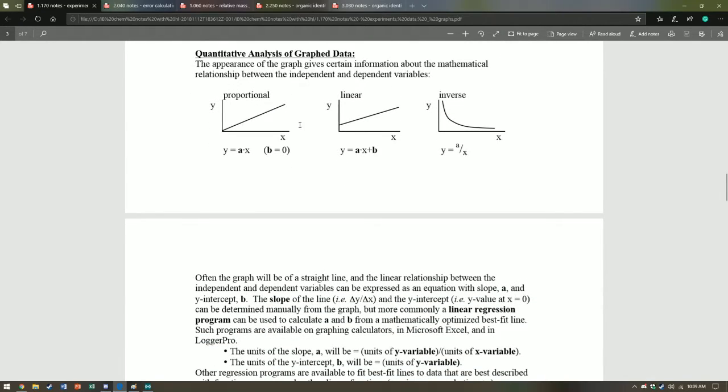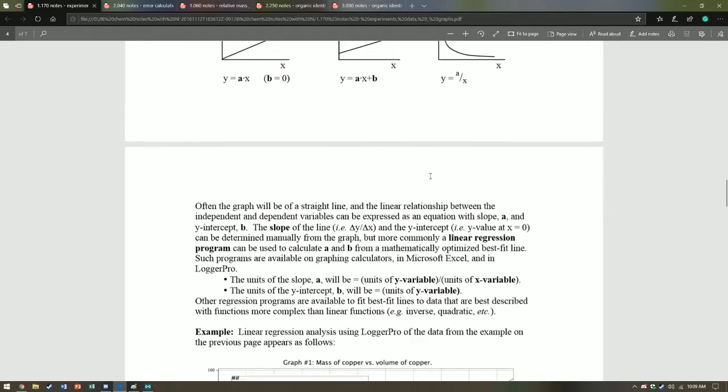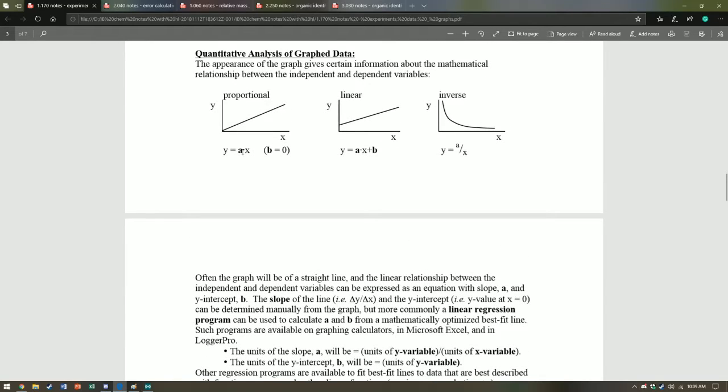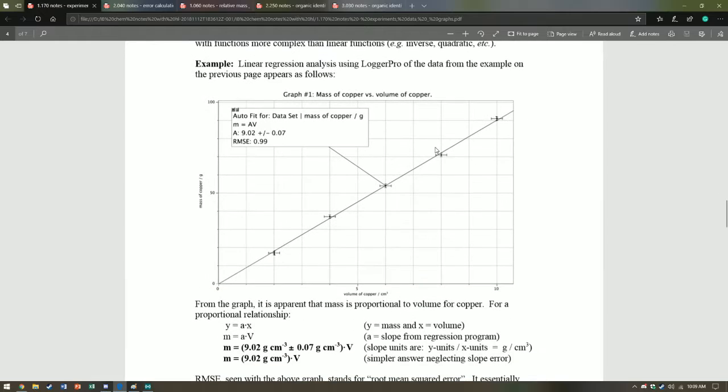When you graph it, you can have a couple of types of relationships: a proportional relationship, a linear relationship, an inverse relationship, or a square relationship, and so forth. You can have it in the form y equals mx, mx plus c, or m over x. It doesn't really matter, and you generally use software.